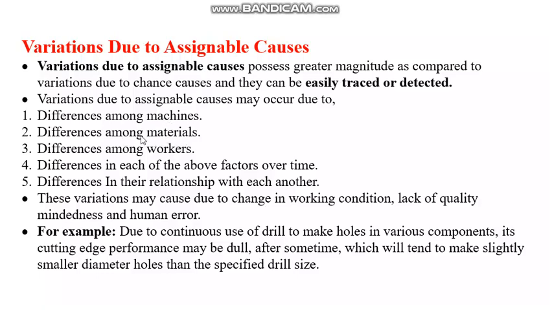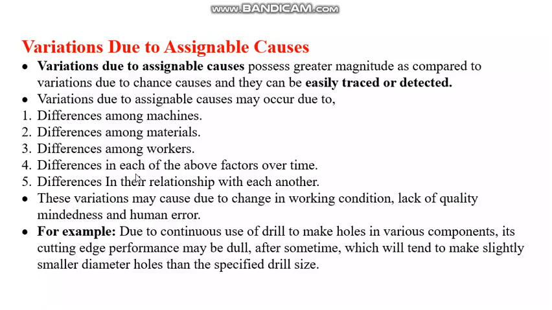If differences among materials are arising, you can take the material from the same vendor or same supplier, from the same lot. Then you will be able to eliminate them. Differences among workers also, to some extent, you may eliminate by asking the same worker to do it. With the same skill, if the worker is one person, skill variations won't be there. So like that, to some extent you can eliminate.